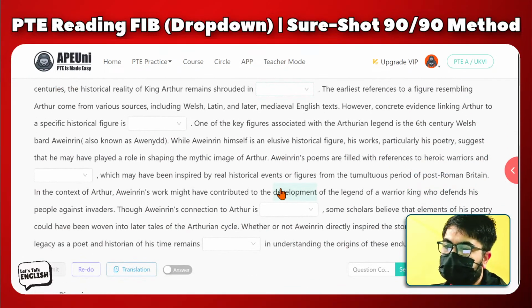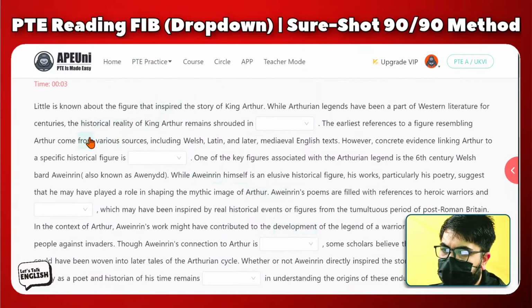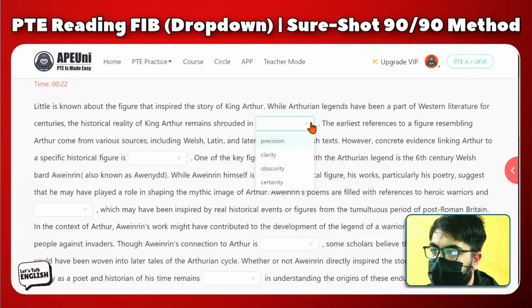It's about King Arthur. It was a great read. I think I've watched one or two movies also about King Arthur. Little is known about the figure who inspired the story of King Arthur. While Arthurian legends have been part of Western literature for centuries, the historical reality of King Arthur remains shrouded in what? Mystery. So it's not very clear.